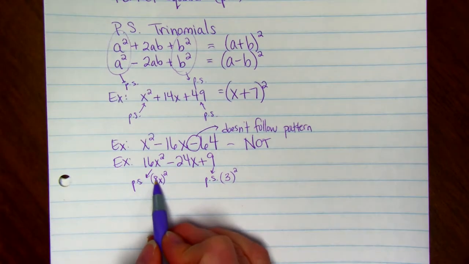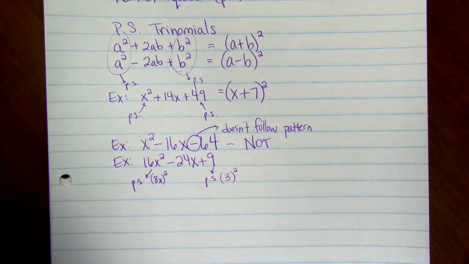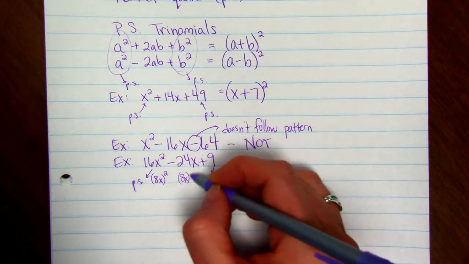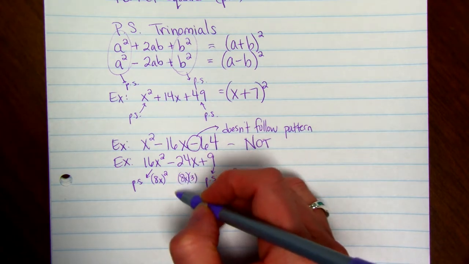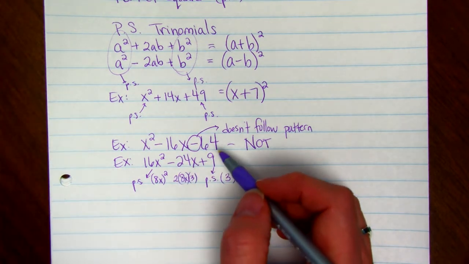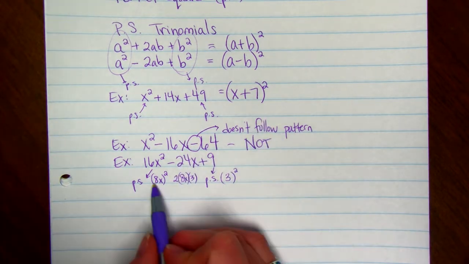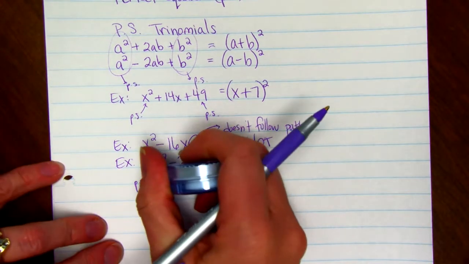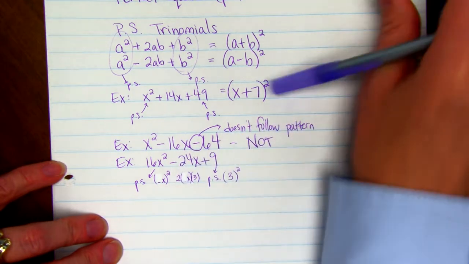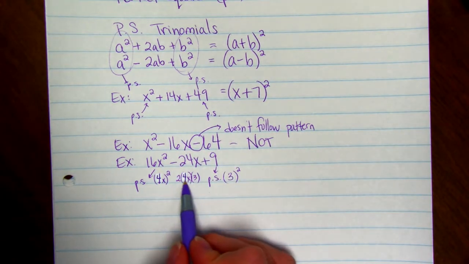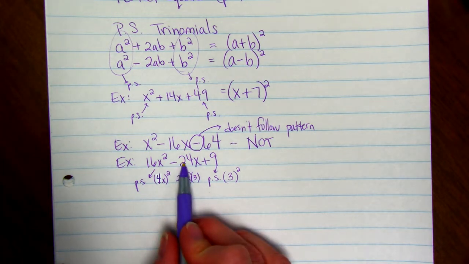So if I did 8x times 3, and then times 2, do I get... oh wait, that's not 8x. No, it's 4x, because the square root of 16 is 4. Okay, so this is 4. 2 times 4 is 8, times 3 is 24.